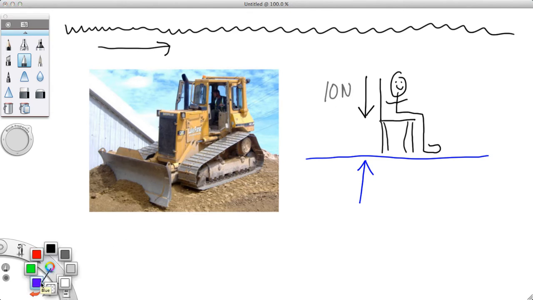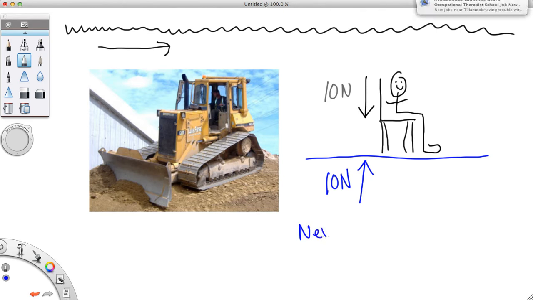The force pushing up on the chair is also 10 newtons. So now with the 10 newtons pushing down and the 10 newtons pushing up, we actually have a new term here, and this is called net force. The net force here in this case is 0 newtons, because the 10 newtons down and the 10 newtons up cancel.